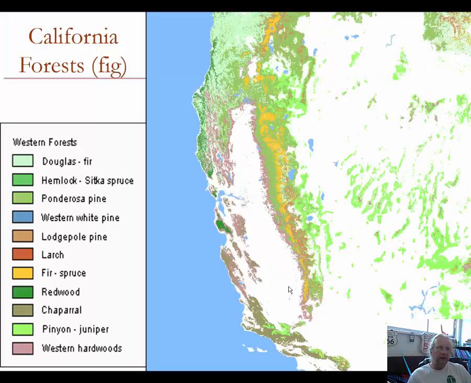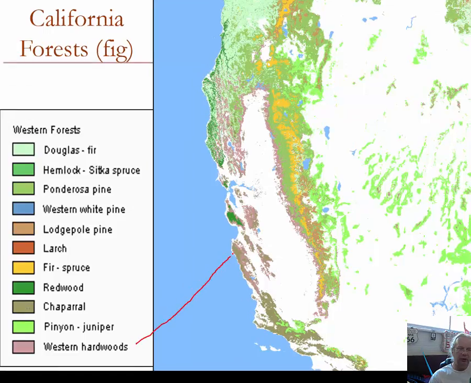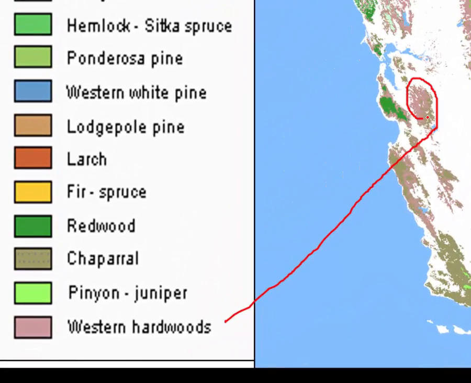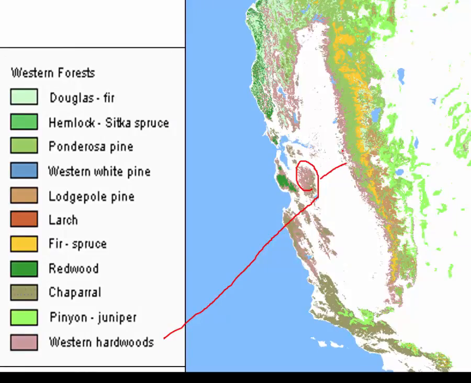Now, California has a certain amount of these sort of mixed forests. In this image, note that the western hardwoods that are available appear here and at the foothills of the Sierra Nevada mountains, and occasionally here and there elsewhere throughout the state.